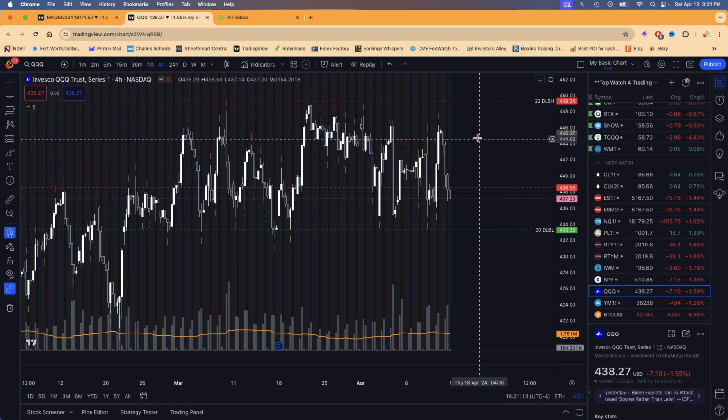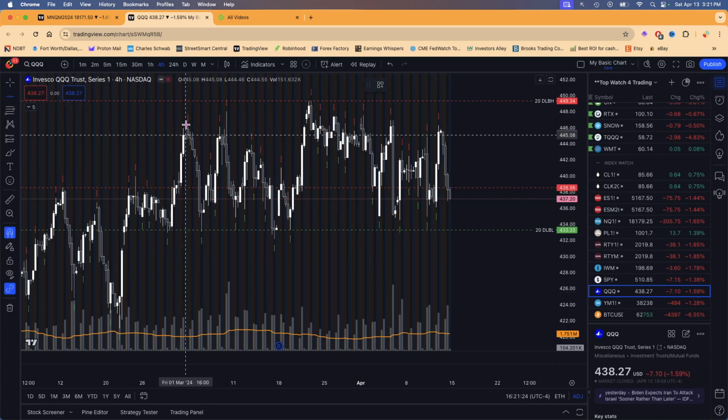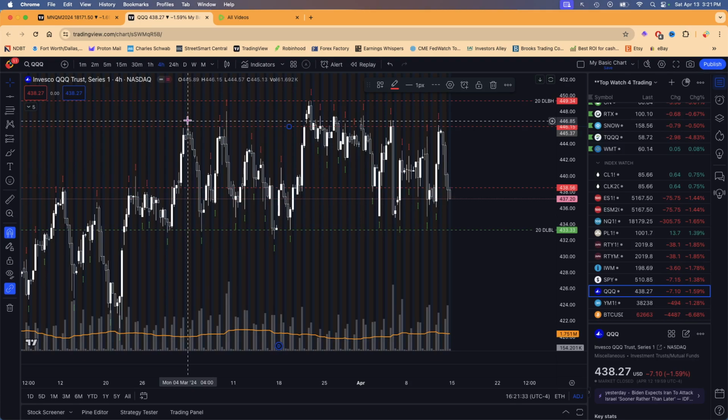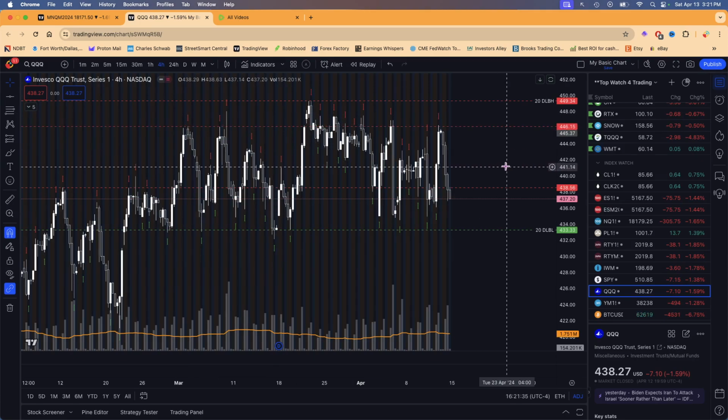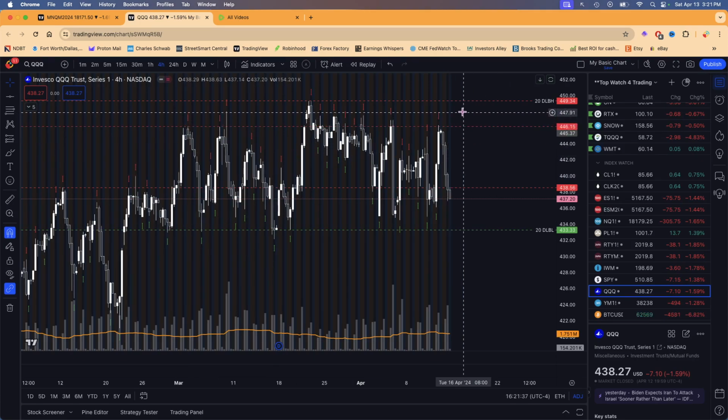And then there's another level in this vicinity there. I can pop another line, say right there, looks pretty good. You can see we've got multiple areas of resistance.